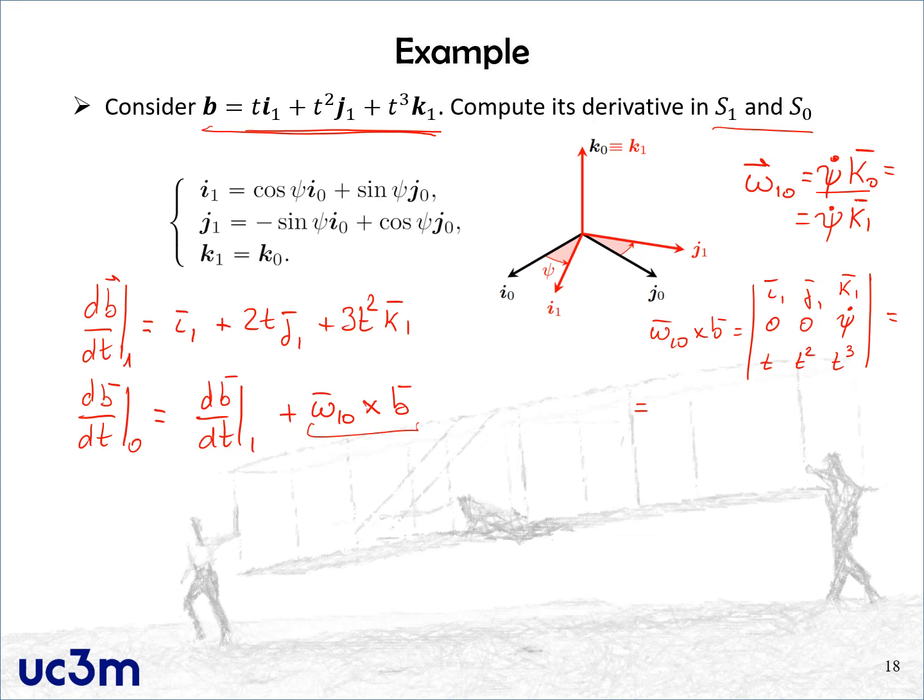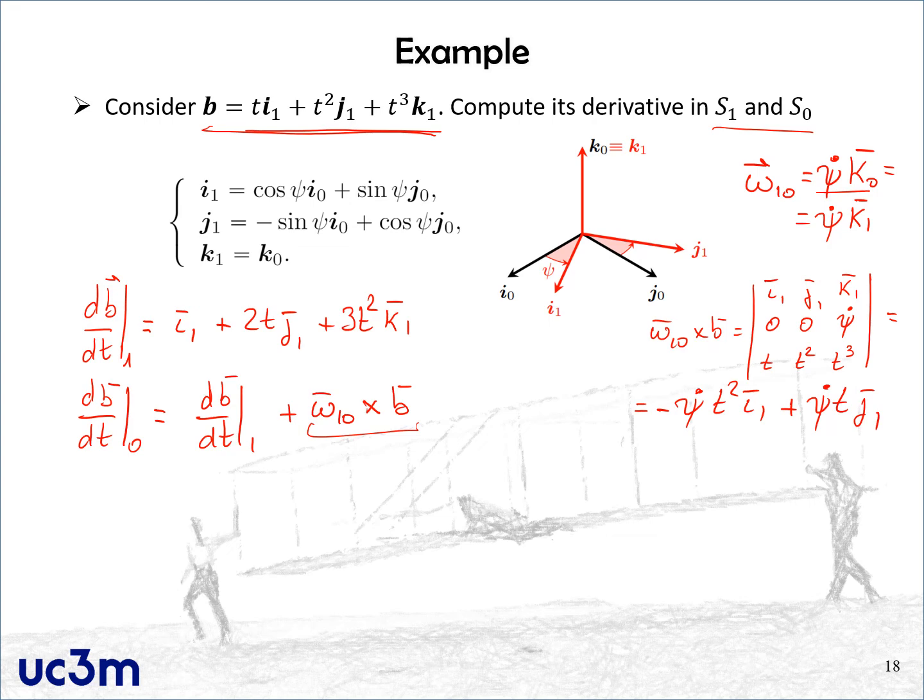So yeah, this was correct. So minus psi dot t squared in the direction of I1, and then we have plus psi dot t j1, and that's all there is.